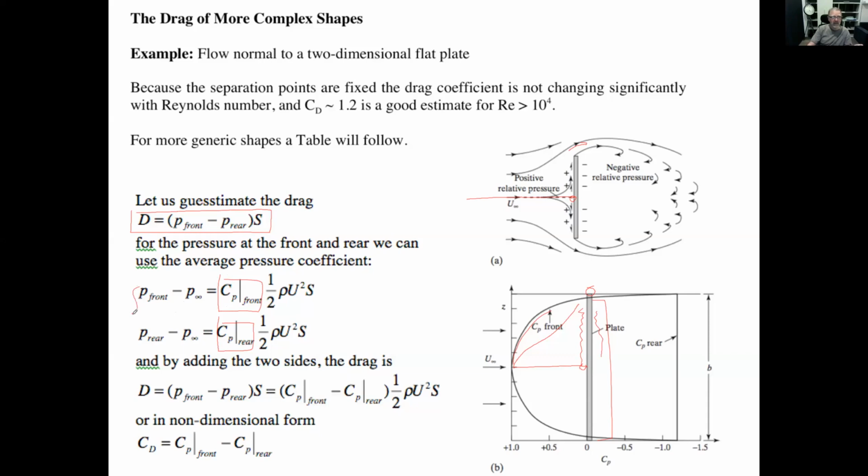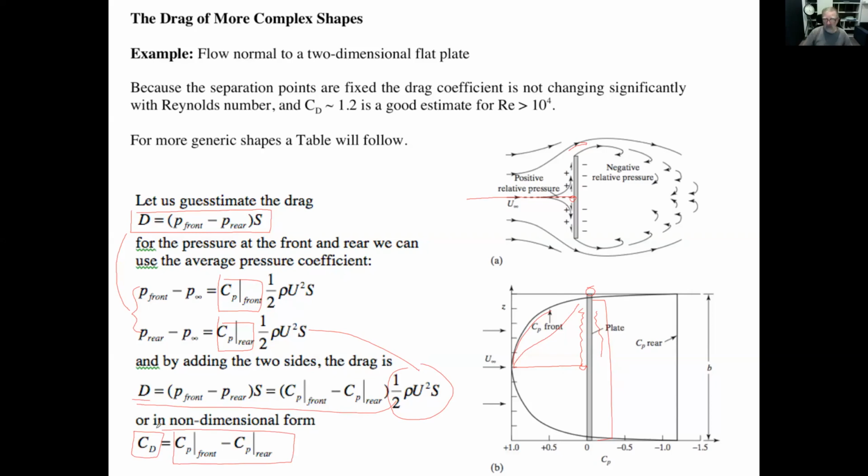I take these, substitute it into this formula, and the definition of Cp is P minus P infinity over half rho V squared. So we have the half rho V squared here. At the end of the day, if we want to have C_D, we divide by that, and we end up with C_D. So the non-dimensional numbers add up pretty much the same way.